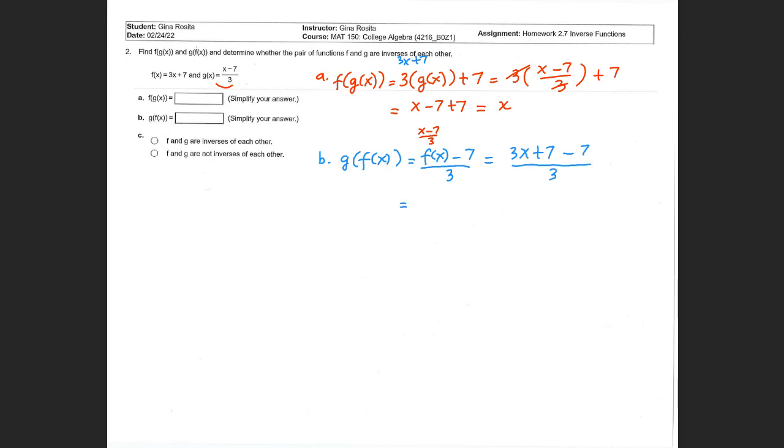So the answer becomes 3x over 3, equal, the answer is x. Okay, now, since both f of g of x equals x and g of f of x equals x, the functions f of x and g of x are inverses. Okay, because the answer is the same. Look at it over here. This is x, this is x. So the functions f and g are inverses of each other.